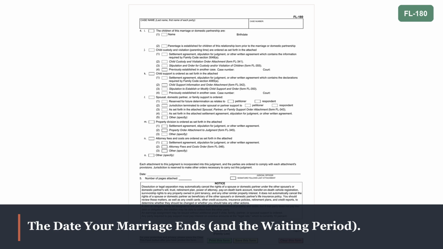Practically, this means the effective date on FL-180 cannot be earlier than 6 months and 1 day after service. The judge can sign the judgment itself before that date arrives, but the actual change in marital status cannot take effect any sooner. This waiting period applies no matter how quickly both spouses agree on every term, and it cannot be waived by mutual consent.